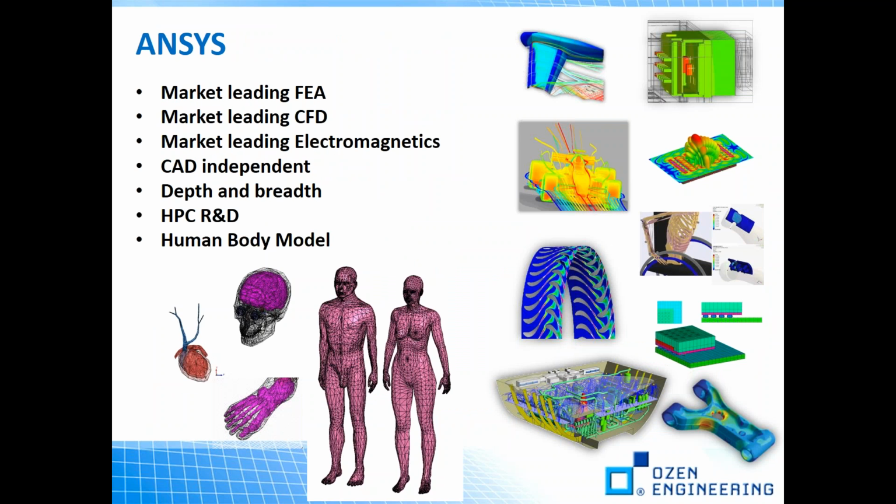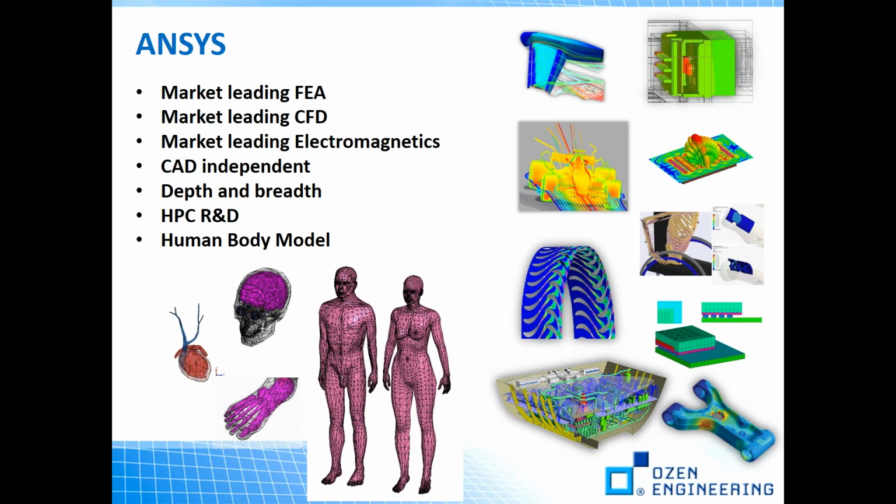Most of you may be familiar with the ANSYS product, but ANSYS develops engineering simulation software and offers multi-physics simulations. ANSYS is a market leader in finite element analysis, also in CFD and electromagnetic analysis.